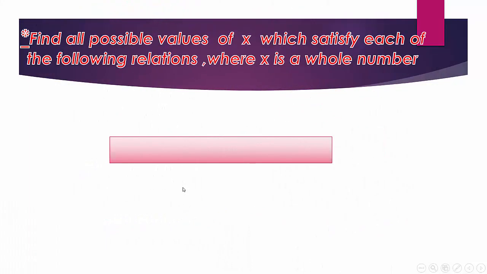Next, my students, find the possible values of x which satisfy each of the following relations where x is a whole number. Let's see. Here I have 5 over 6 and 5 over x. I look for the value of x. Here I have the same numerator.